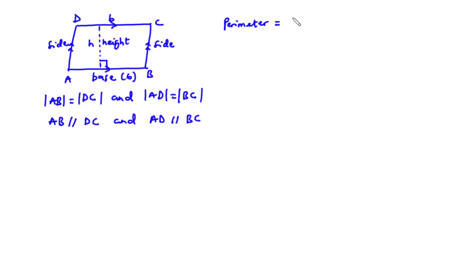So we say that we have B plus B plus S plus S. This can be simplified as 2 times the base length plus 2 times the side length. So basically, this is how to find the perimeter of a parallelogram.